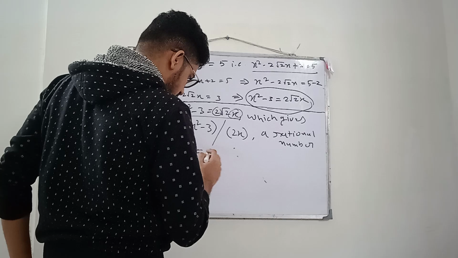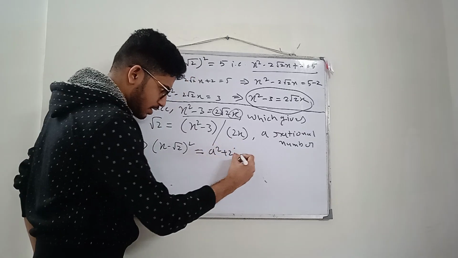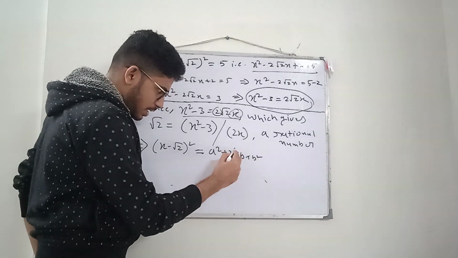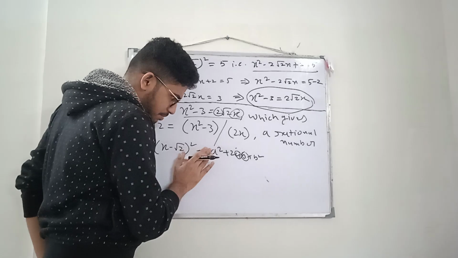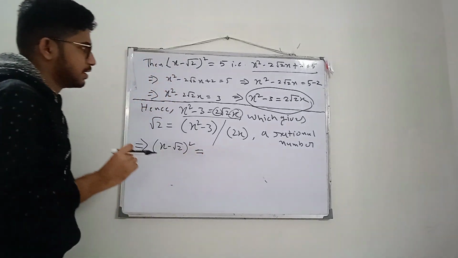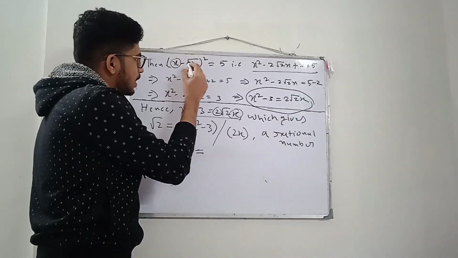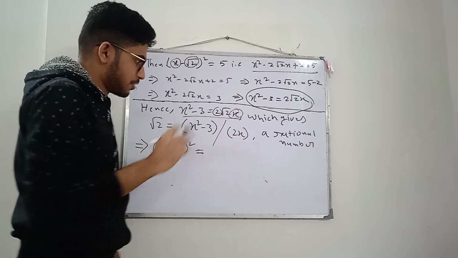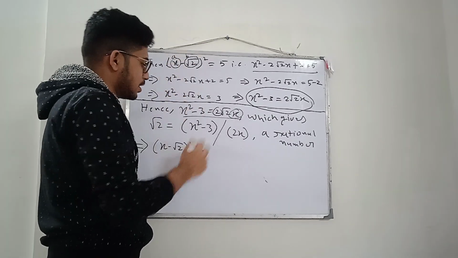A plus b whole square means a square plus 2ab plus b square. Here the a is x and the b is root 2. This is a, this is b.